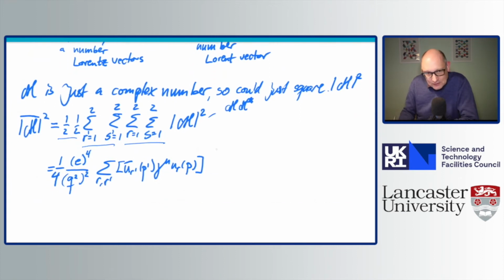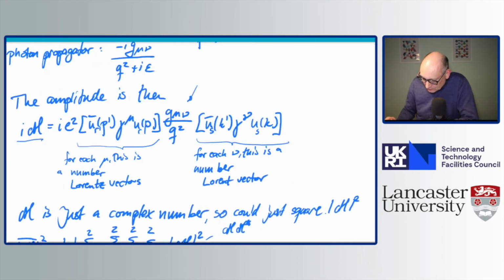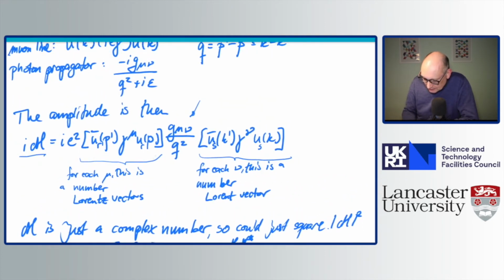And from the M star of the electron line, we will get a contribution u bar, r prime, the same thing, p prime, gamma. Now, of course, as we discussed, this here is a Lorentz vector and a Lorentz vector, and the electron and the muon line, when they are connected with the photon propagator, would, because of the g mu nu, have the same Lorentz index. So that's what you would get when you form the amplitude.